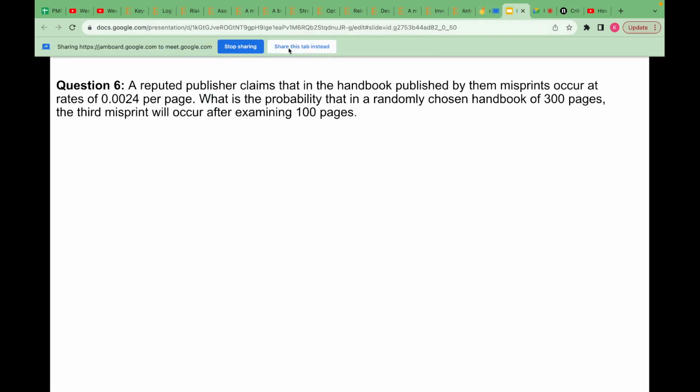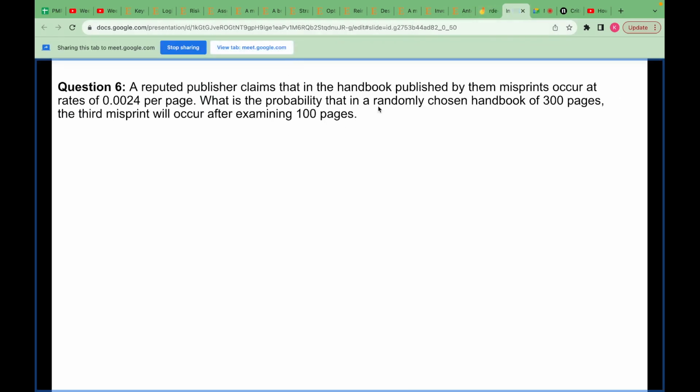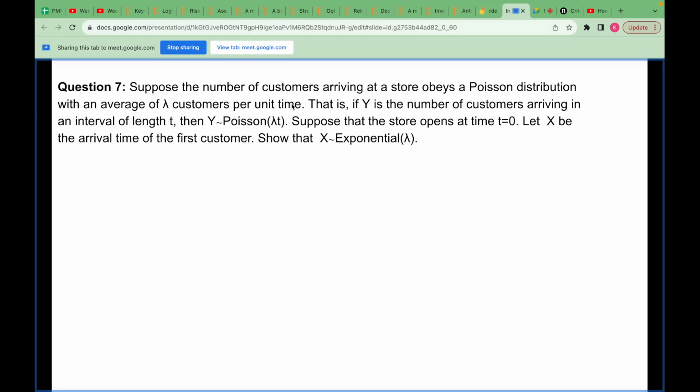So now we will move to the next question. It is given that suppose the number of customers arriving at a store obeys a Poisson distribution with an average of lambda customers per unit time. That is, if y is the number of customers arriving in the interval of length t, then y is Poisson distributed with lambda t.